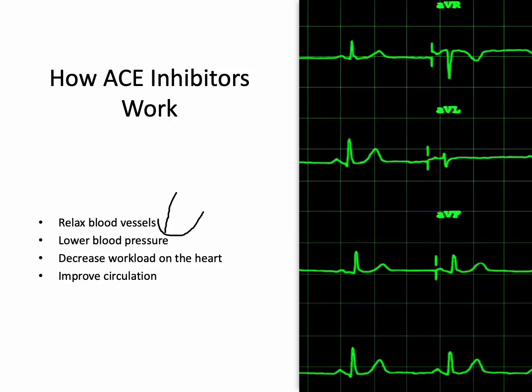So everything is relaxing. ACE inhibitors make the muscle relax, the smooth muscles within your blood vessels. And that helps in turn improve circulation. So that increases the ability for your body to decrease blood pressure.